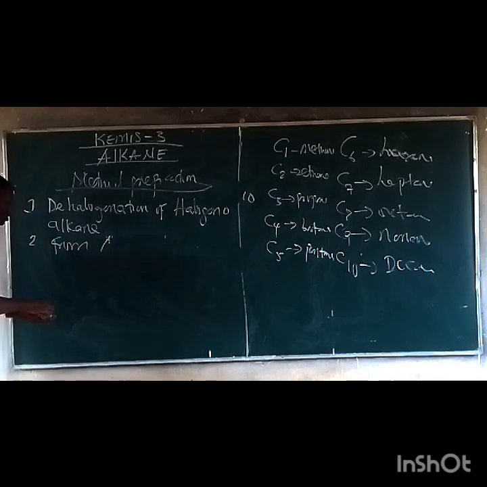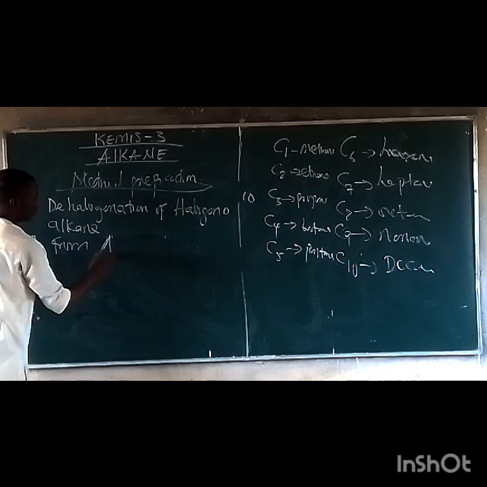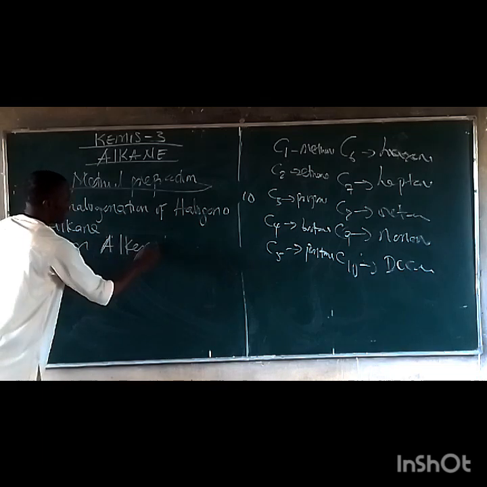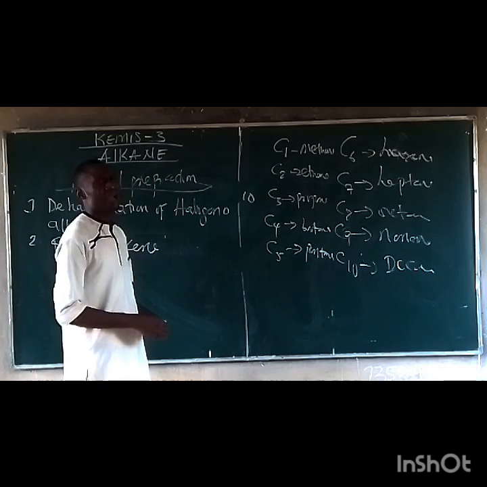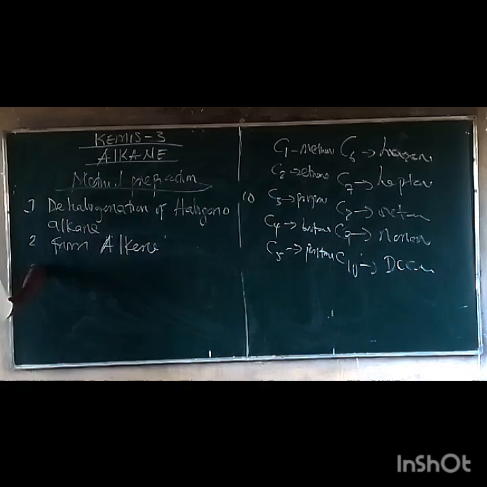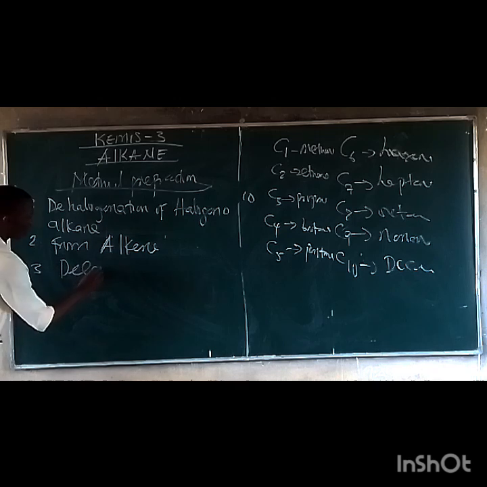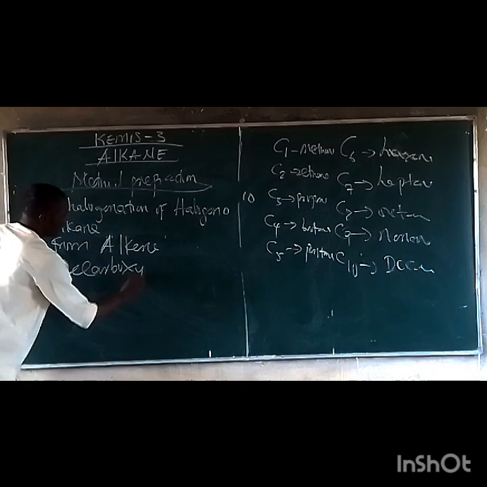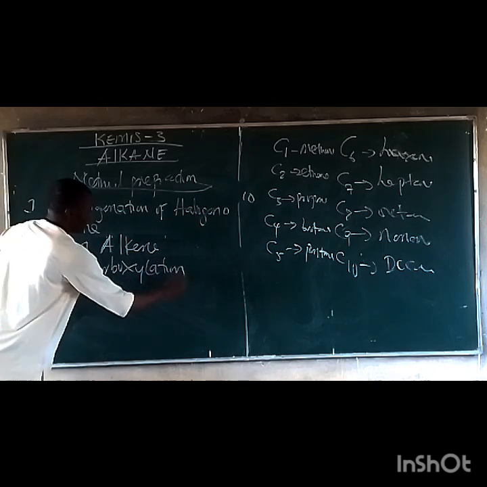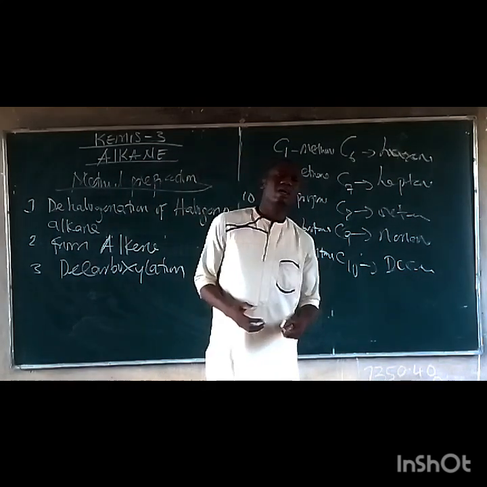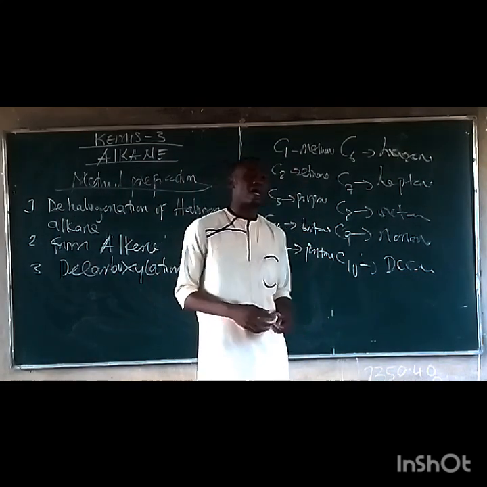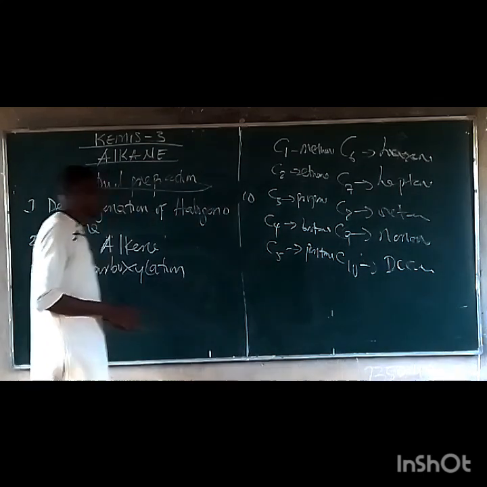We can produce alkane from alkene. And then we can produce alkane from decarboxylation. In decarboxylation, we are going to decarboxylate the salt of an alkanoic acid.